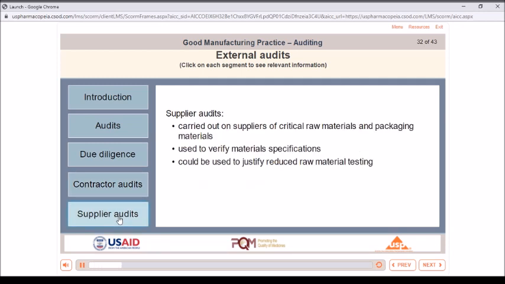Supplier audits. Supplier audits are carried out on suppliers of critical raw materials and packaging materials, used to verify materials specifications, and could be used to justify reduced raw material testing.